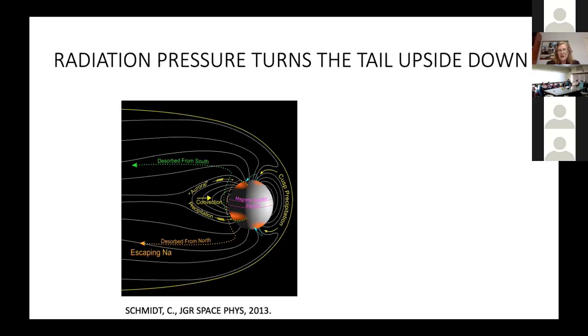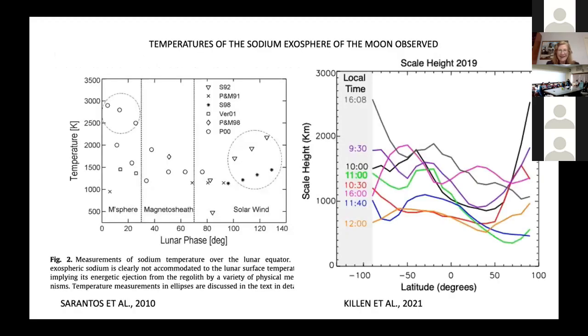But as soon as it starts getting radiation pressure, it starts being accelerated anti-sunward down the tail. But the sodium that you see in the tail in the southern hemisphere actually came from the north, and the opposite is happening for the sodium that's desorbed in the south. So I think that's just kind of a cool fact.